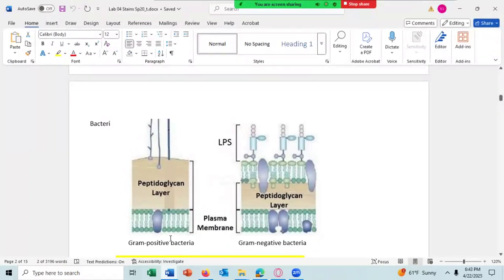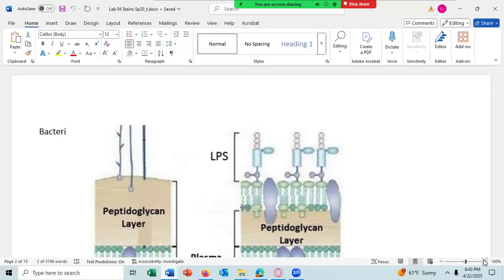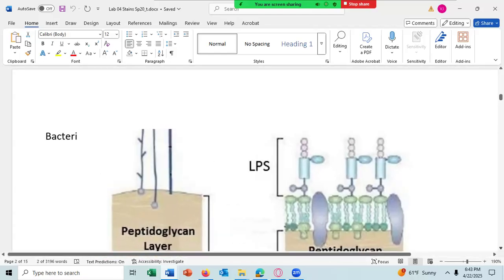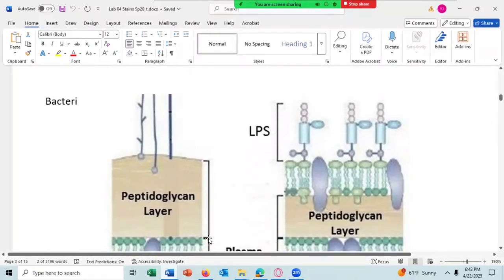The gram-positive cell has a lipid bilayer called the plasma membrane, and then the cell wall is essentially one thick layer of peptidoglycan, and it's just layer upon layer, at least 30 different layers up to several hundred layers. And there you can see some of the layers of peptidoglycan in this cell.